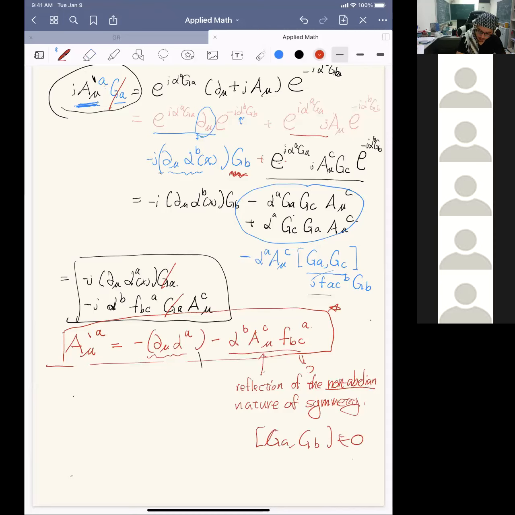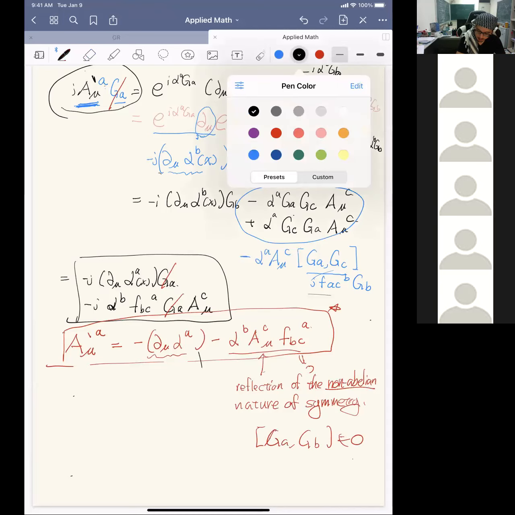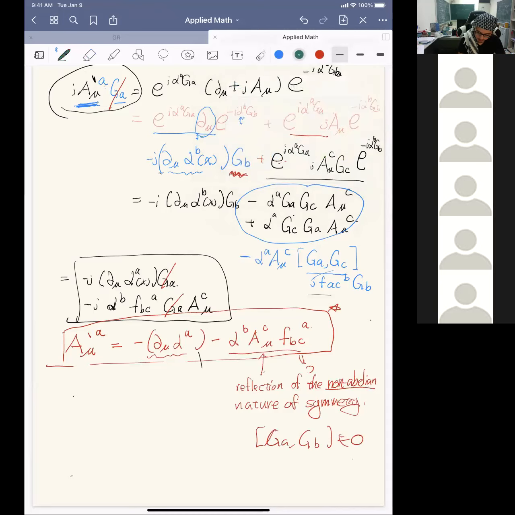Okay, fantastic. Sometimes people would instead prefer to write things in this way. Instead of writing how A mu prime A transforms, they still prefer to just write A mu, where A mu is defined as A mu A times GA.